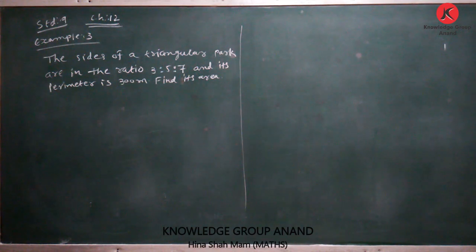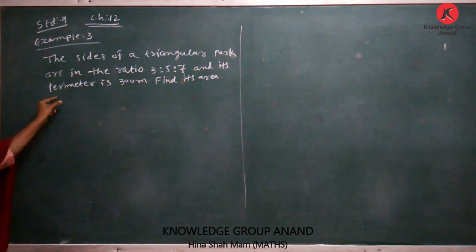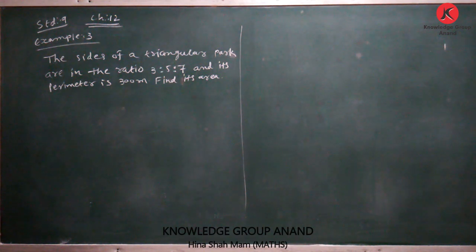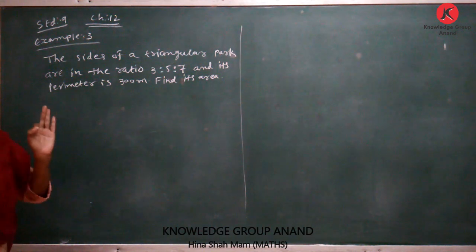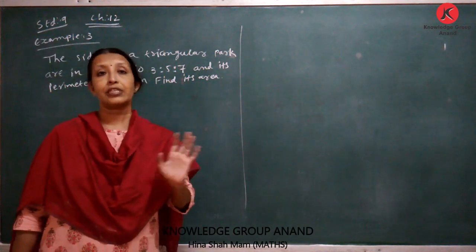The sides of a triangular park are in the ratio 3:5:7 and its perimeter is 300 meter. Find its area. Here we are given sides in ratio and its perimeter.